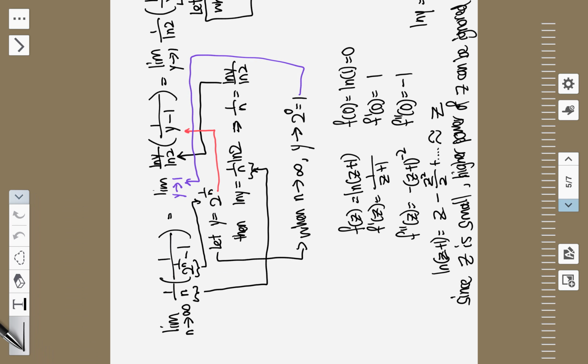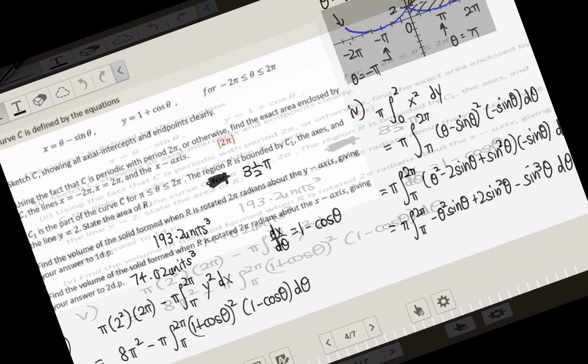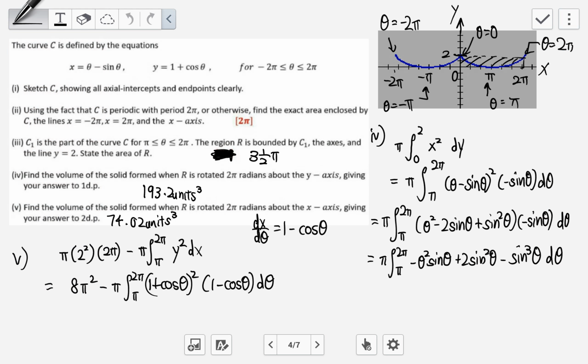I made a mistake here. When I do the expansion over at this side, it is theta square minus 2 theta sine theta, not just 2 sine theta. So this kind of mistake is costly in the exam if you don't have the answer to cross-check.